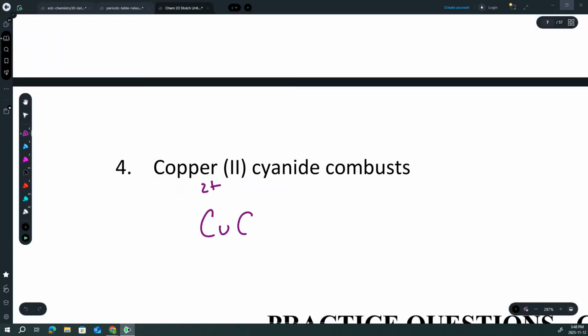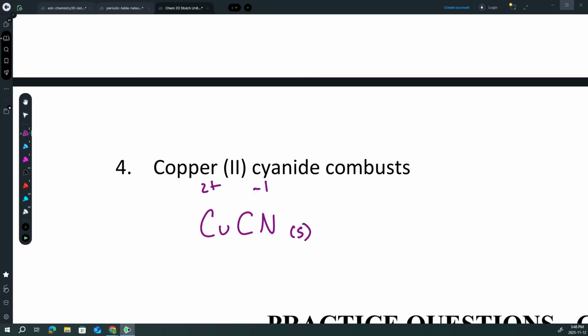The reason why I'm paying attention to the charge now is because this is an ionic compound, because we have a metal and nonmetals together. All right, so because it is an ionic compound, we can assume it is a solid because the question didn't specify otherwise, and we need to balance the charges.